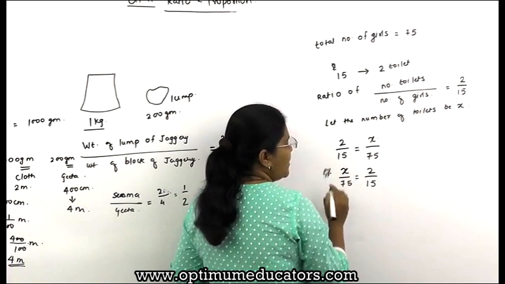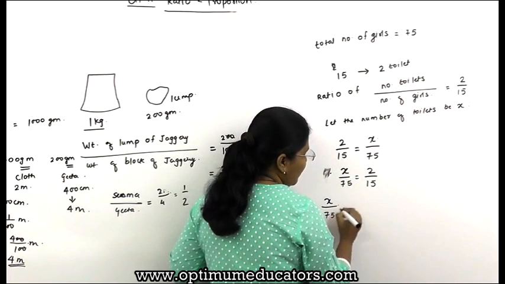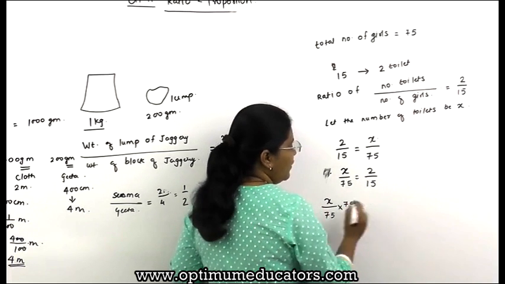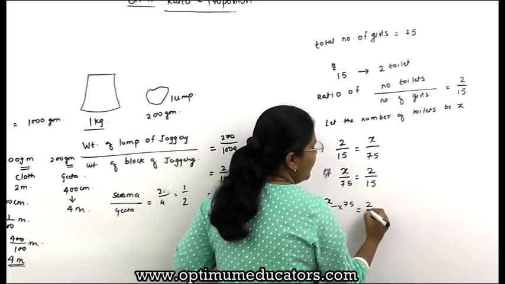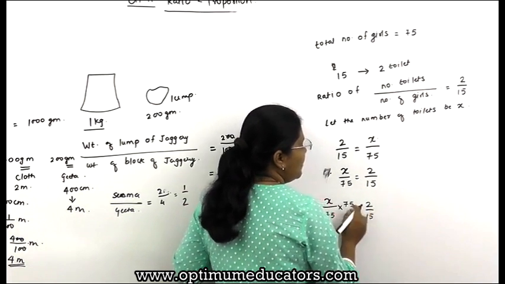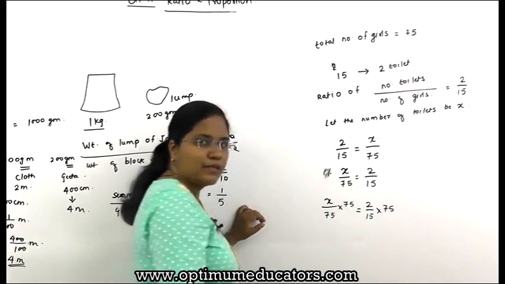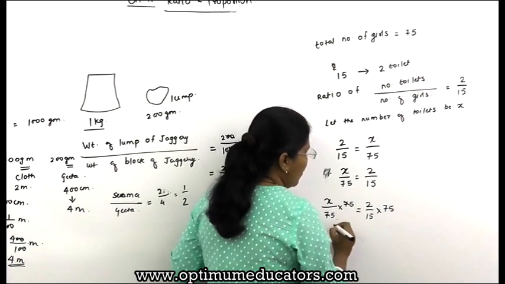I want only x here. If you remember, in equations we have done this. I will multiply both the sides by 75, so that here I will get only x. If I am multiplying the left hand side by 75, I must multiply the right hand side also by 75. So this 75 and this 75 go off.